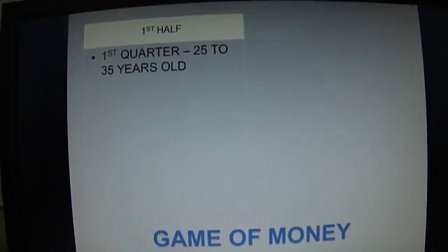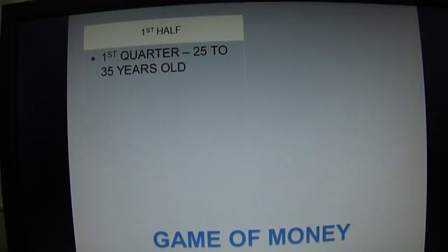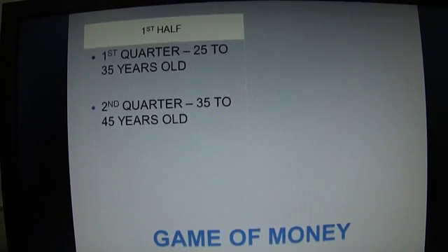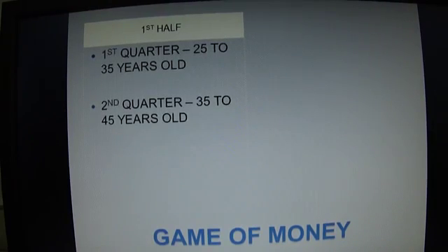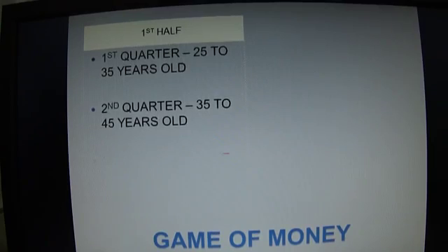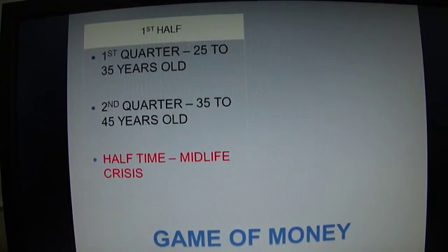The first quarter, which is the first half, is from age 25 to 35 years old. This is the beginning of our career. Can you retire in this quarter? Few can, but mostly no.